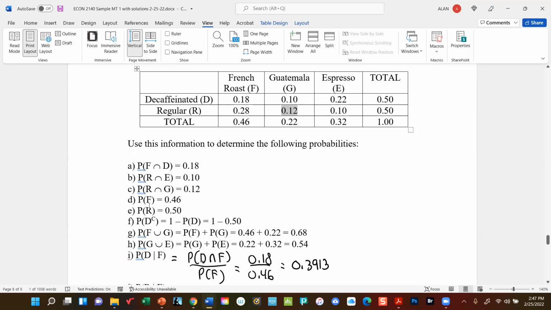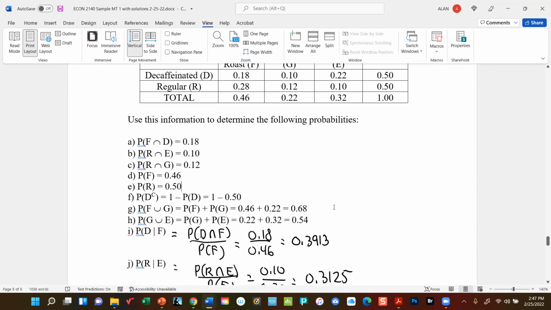Now for French, you notice how it's just F. That means we're including decaffeinated French and regular French. The grand total of all the French roast is 0.46. For R, we're looking at all the regular flavors, and you can see they add up to 0.5.